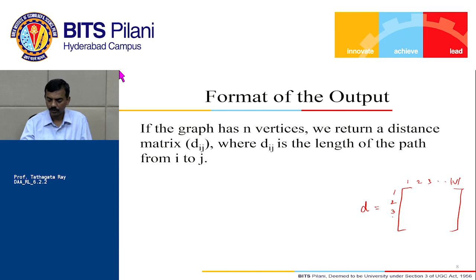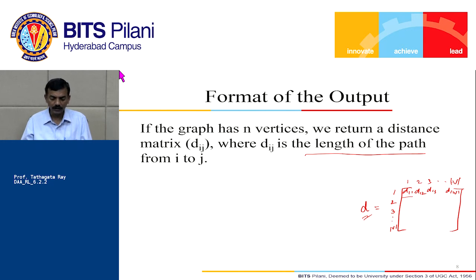So this is D11, this is D12, this is D13, this is D1V. These are the shortest length of the path from i to j at the end. That's the desired format we want for our output.